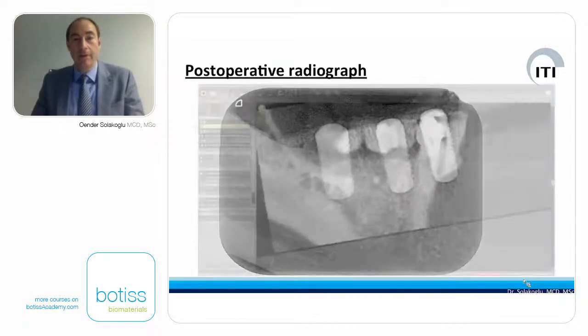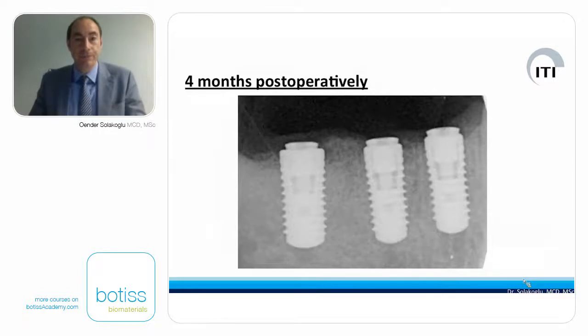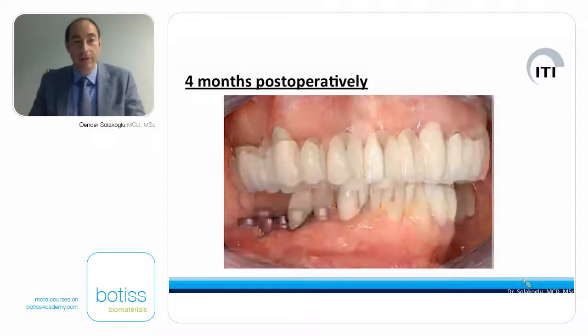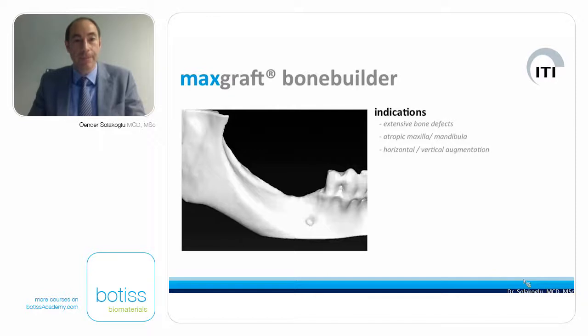This is the immediate post-operative radiograph of this case compared to the planning. We were able to place the implants in the exact planned situation, and this is after 4 months of healing, 4 months post-operatively, and this was just a few weeks ago after uncovering of the implants.